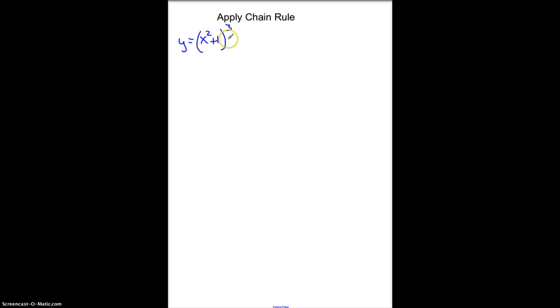All right. So in this case, my overall function is y is equal to what? U cubed. And then my u is x squared plus 1. So what is dy du in this case?